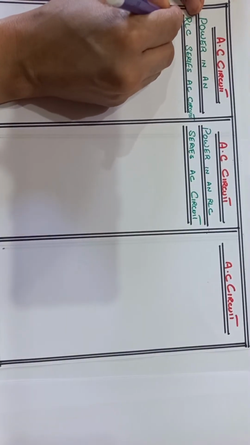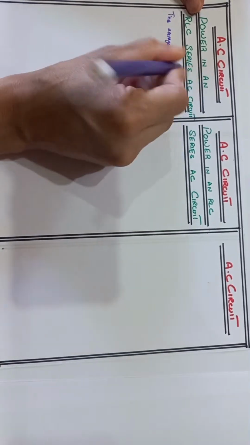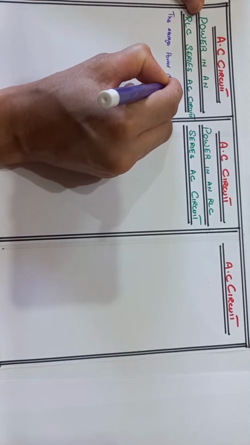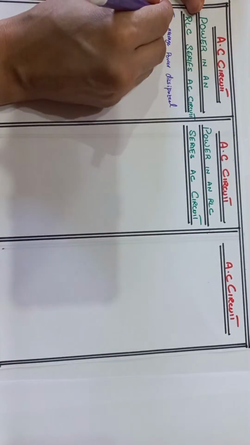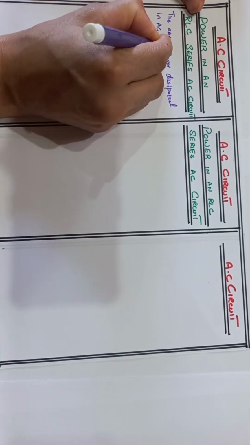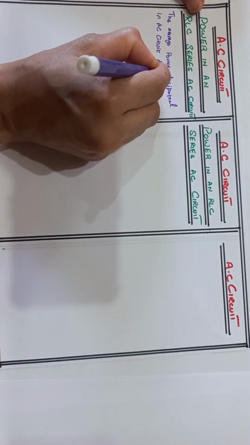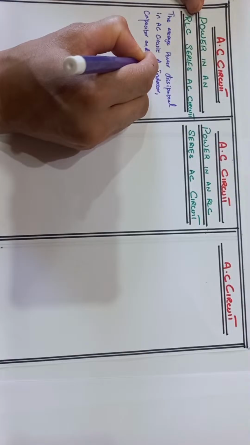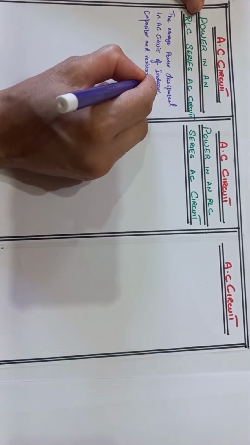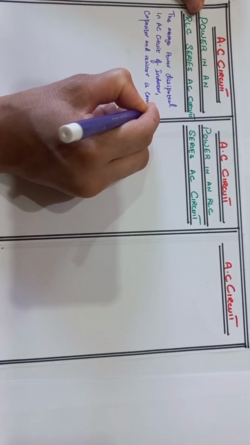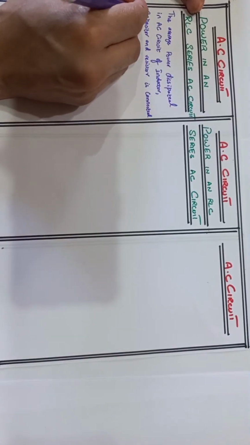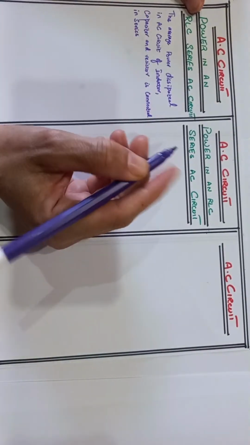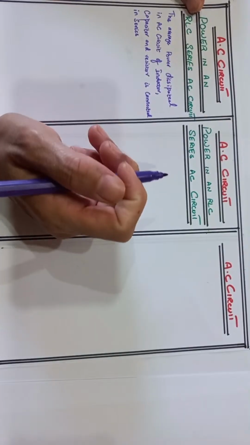The average power dissipated in an AC circuit in which an inductor, capacitor and resistor are connected in series not only depends upon the value of the voltage and current, but also depends upon the phase difference between them.